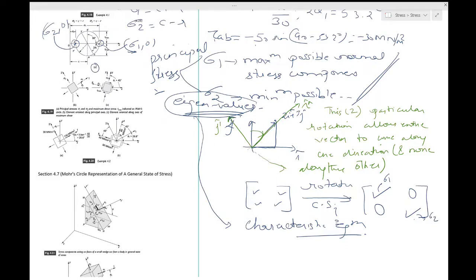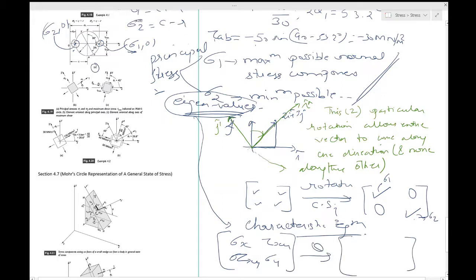Take the stress components sigma x, sigma y, tau xy. This has a certain rotation theta, and what you get is sigma x dash, sigma y dash, tau x dash y dash. Now what should happen is that this becomes 0, and this then is called sigma 1, and this then is called sigma 2. This is what we are referring to over here.